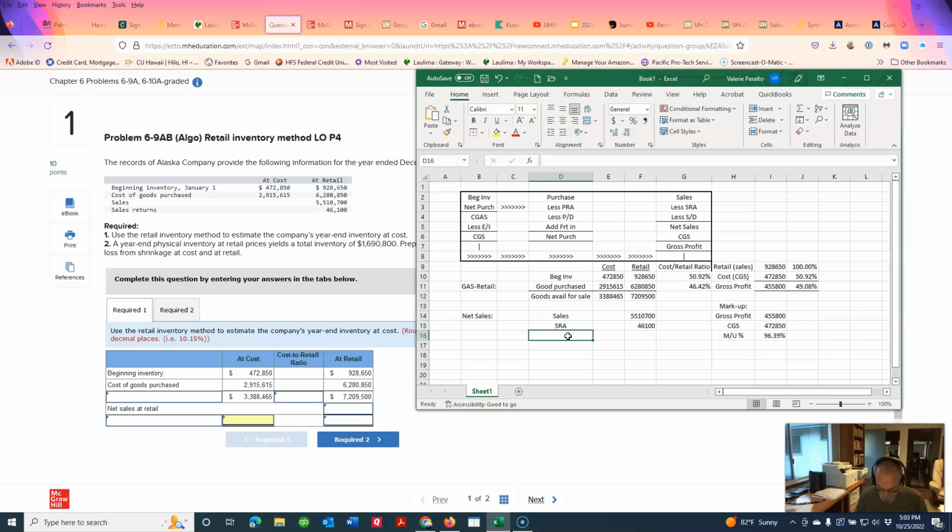And so our net sales will be our sales less our sales returns and allowances.